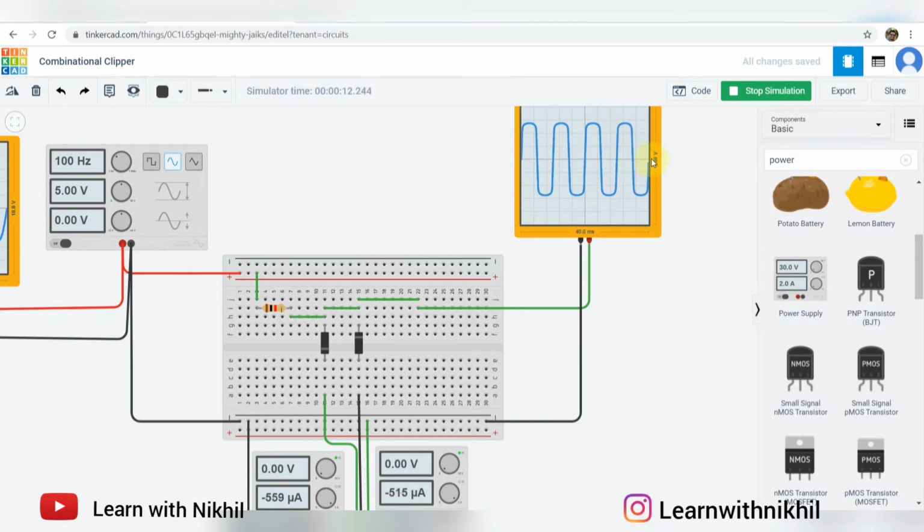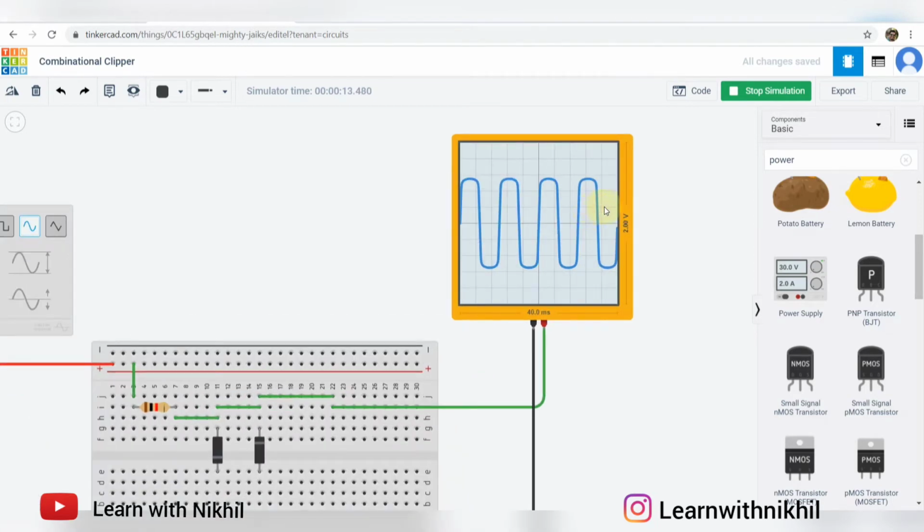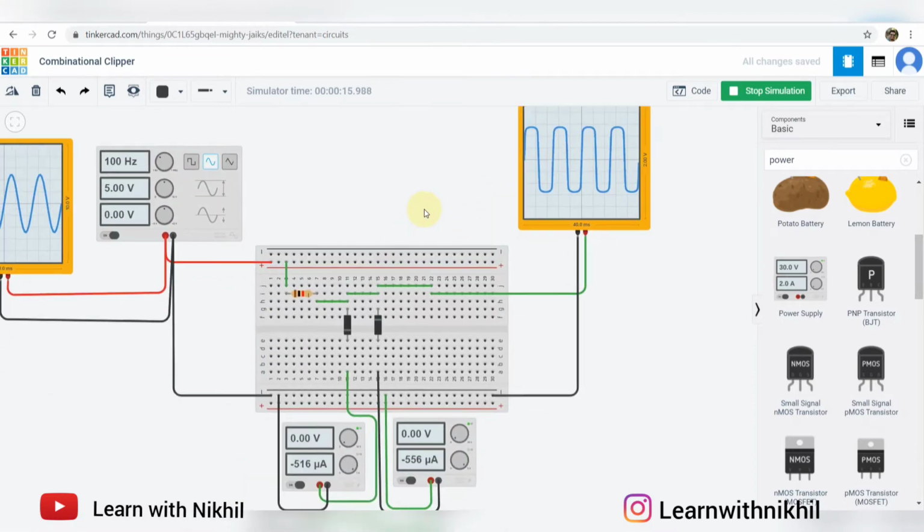This is 2 volts, so this total height is around 1 volt. This half will be 0.5 volts. So this peak is around 0.5 volts. So it is almost zero, as both the peaks are clipped, as this voltage is zero.